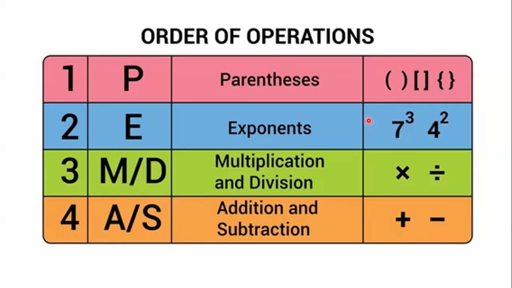When it comes to multiplication and division, which one comes first? They are equally weighted. One comes first, going left to right. Very good. When we say they're equally weighted, Alea, what does that mean?